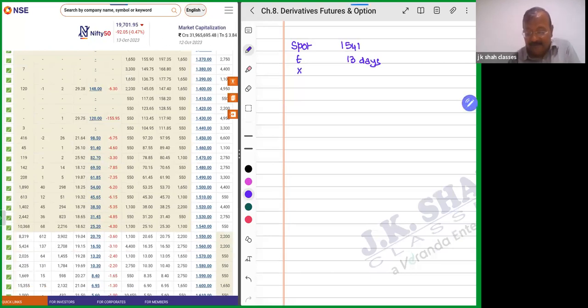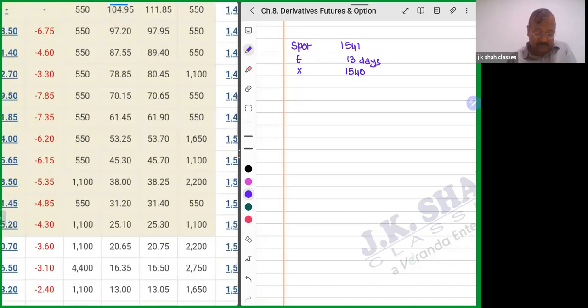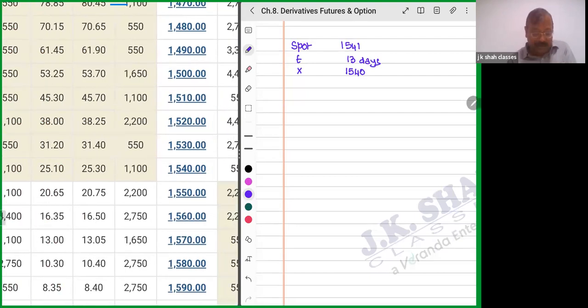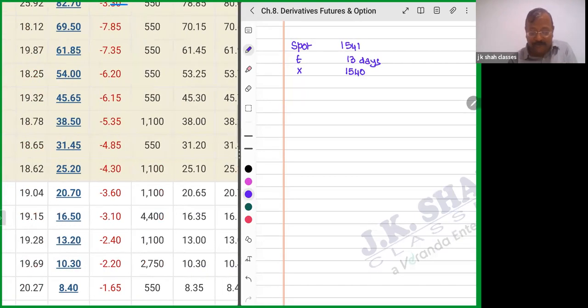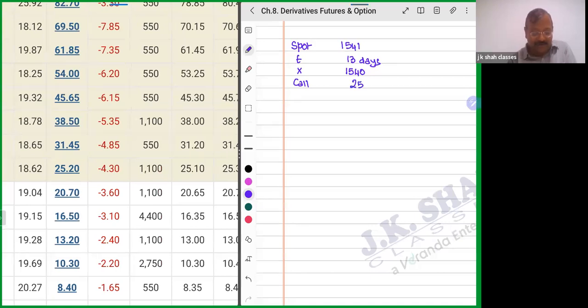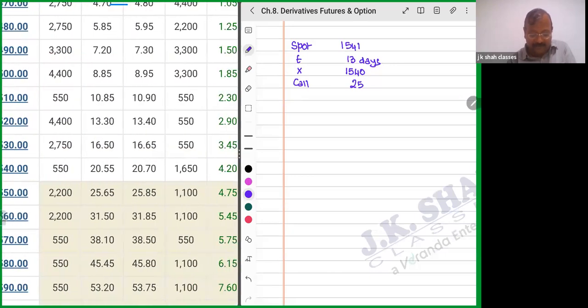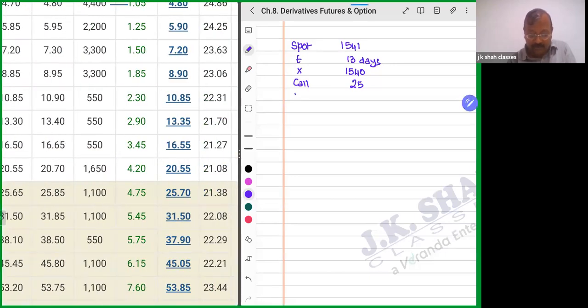The call premium is 25 rupees 20 paisa, so let's take 25. Once you gain mastery on this, you will realize that even if we take that 20 paisa, we can calculate it. And put, it's 20.55, so let's take it as 21.